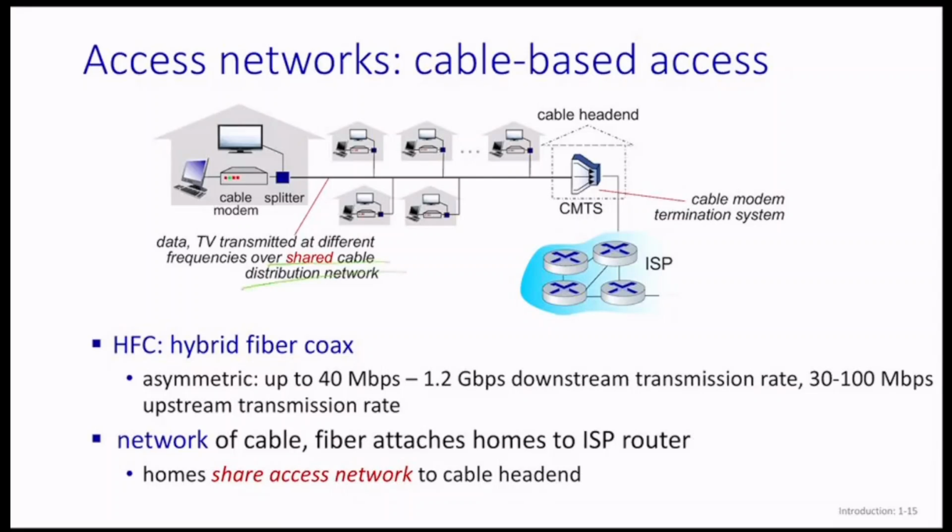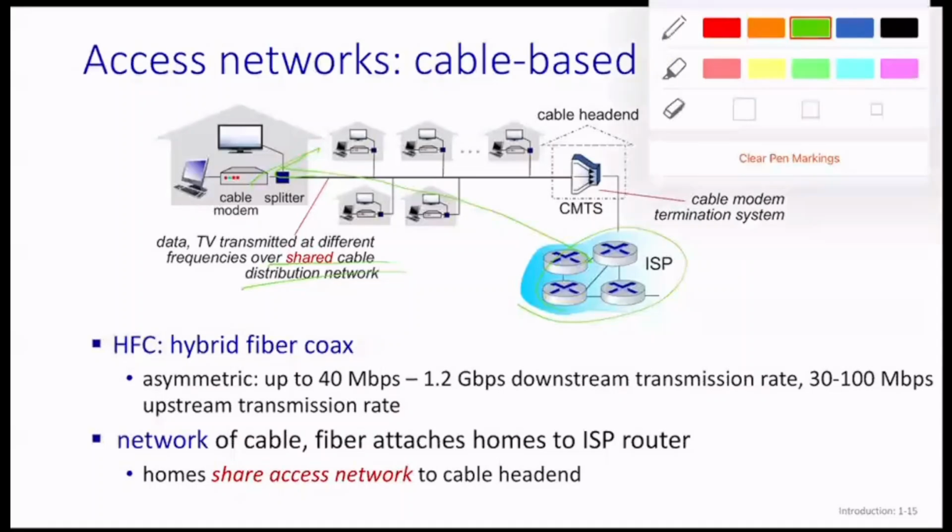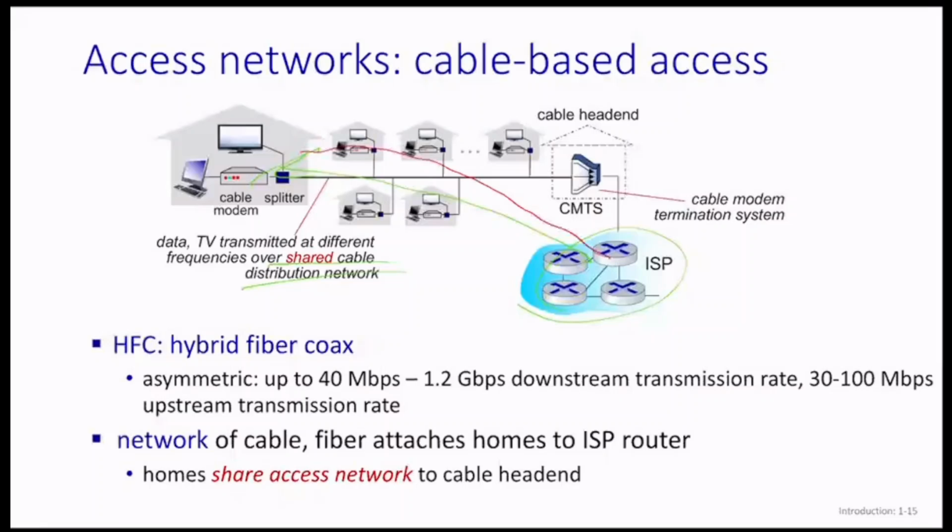cable distribution network. Another thing is that sometimes we need to download some data, watch video, or download some files, from the internet to this computer. Sometimes we need to upload data to the internet.